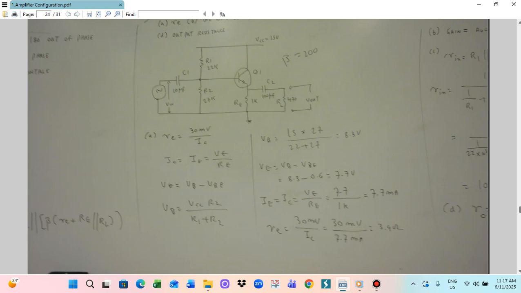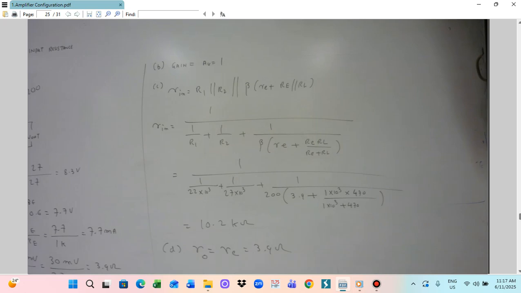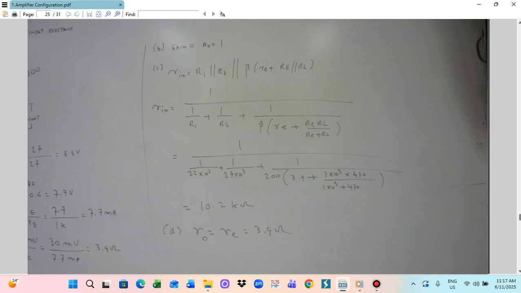Okay, so firstly you have to calculate Re parallel RL. We write down the formula here: Rin is equal to R1 parallel R2 parallel beta times (re plus Re parallel RL). So this is the equation to calculate.